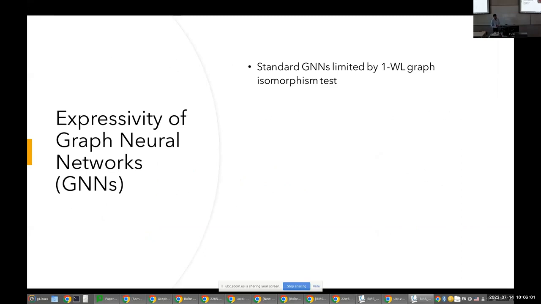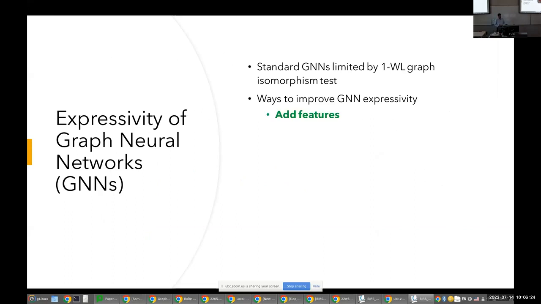It's known that vanilla, standard GNNs are limited by whatever this graph isomorphism test can do. So there's been a lot of research centered on improving the expressivity of these GNNs to go beyond the limits of the 1 Weisfeiler-Lehman test.